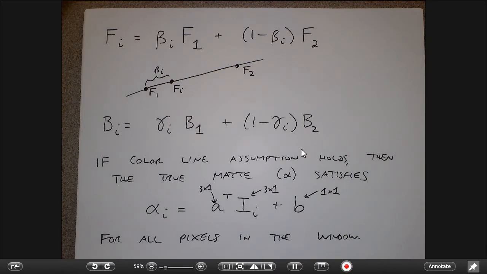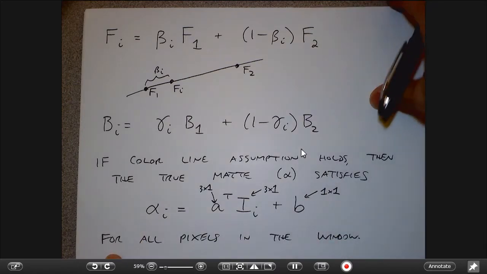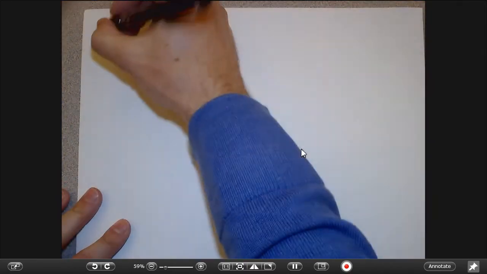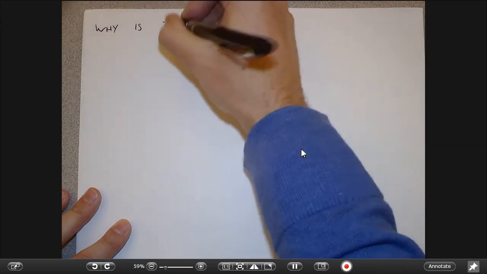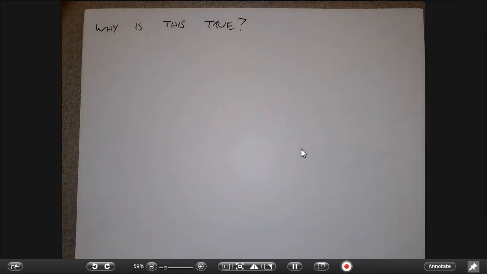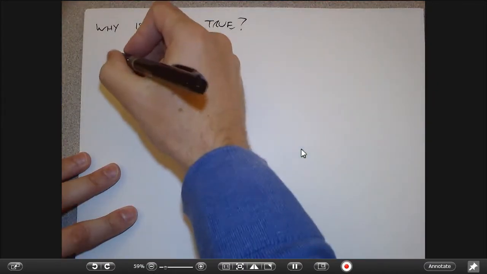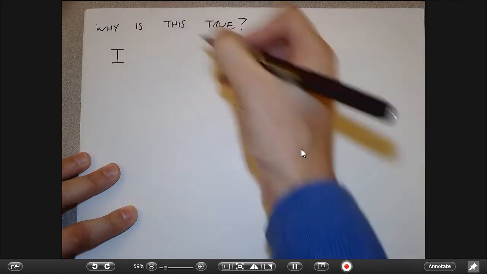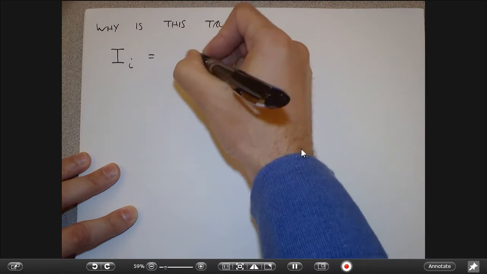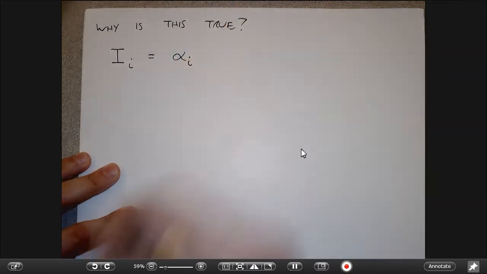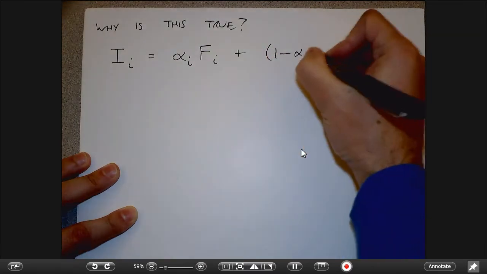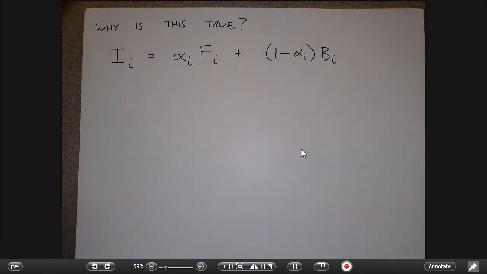Okay, so it's kind of interesting to think about where this even comes from. So let me just say, why is this true? And this is actually a good little linear algebra exercise. So let's go back to our original equation. This is basically saying that at pixel I I have some unknown alpha, some unknown foreground intensity. This is just the standard matting equation.